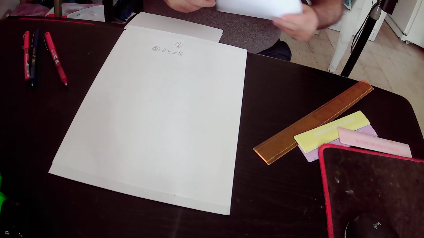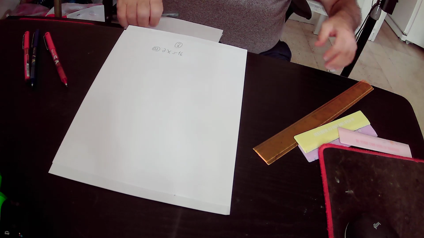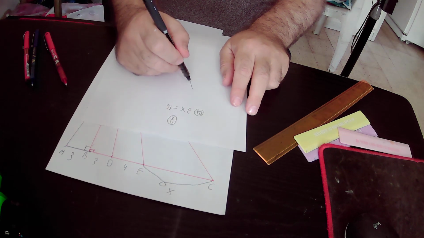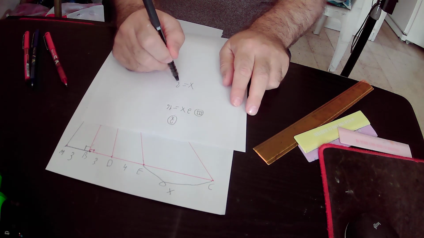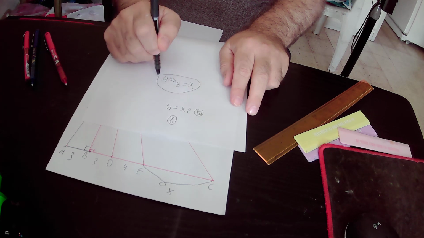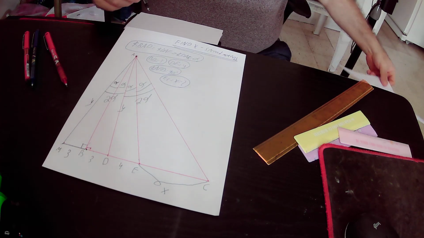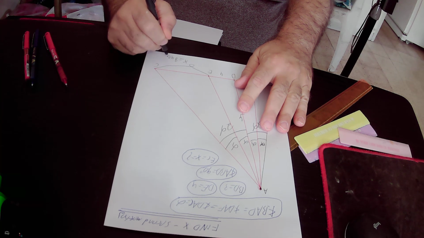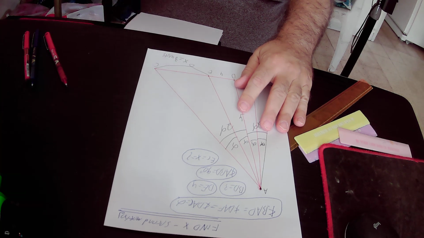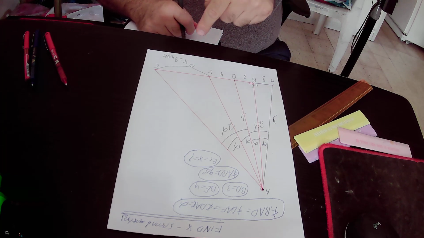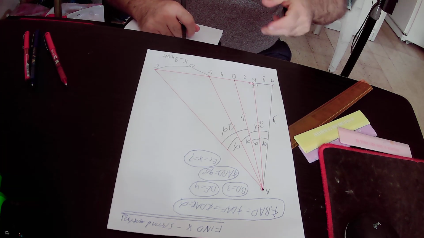We will divide the equation by 2, and we get that X equals 8 units. So we found out that the value of X is 8 units. So the value of EC that equals X is 8 units.